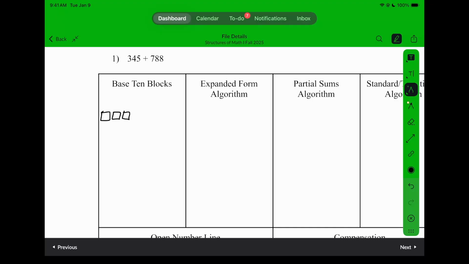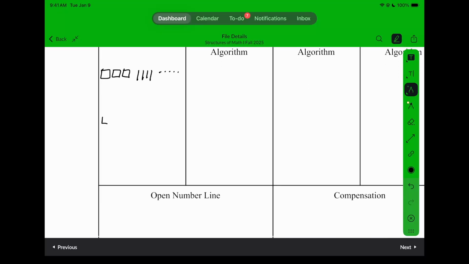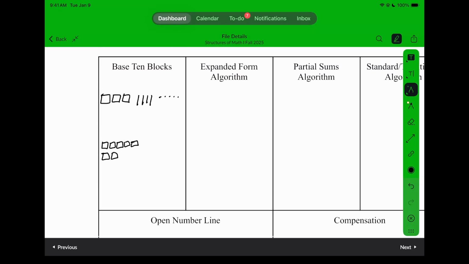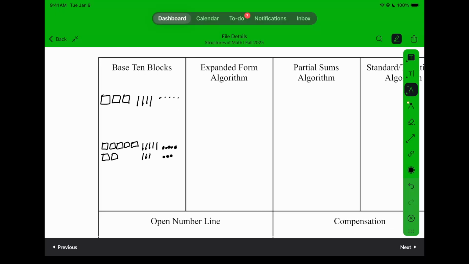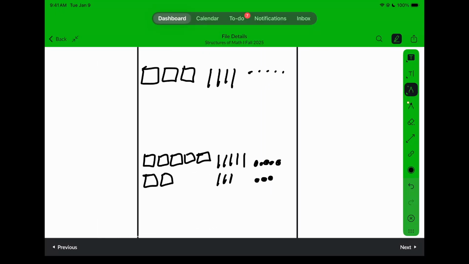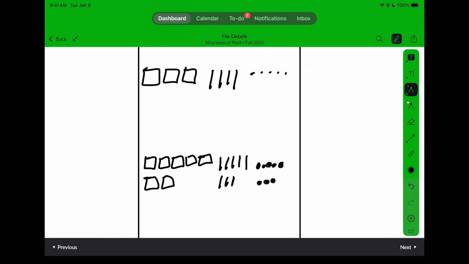So it's 3, 4, 5, and then 7, 8, 8. So now we have both numbers. These are getting added, right?